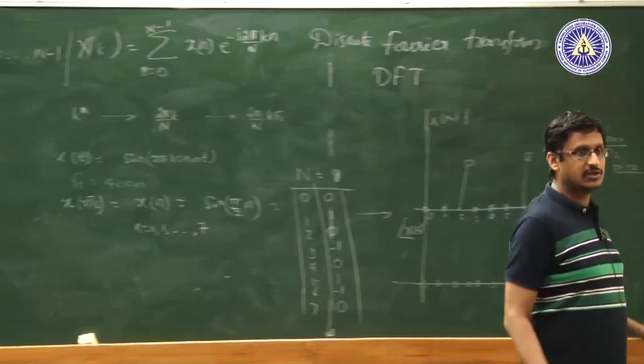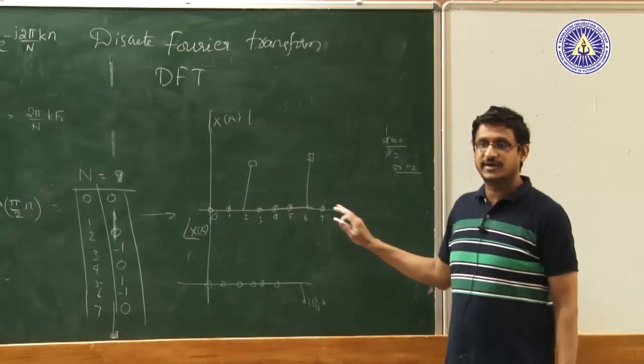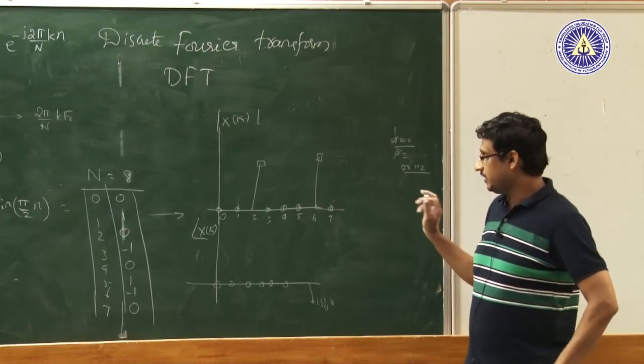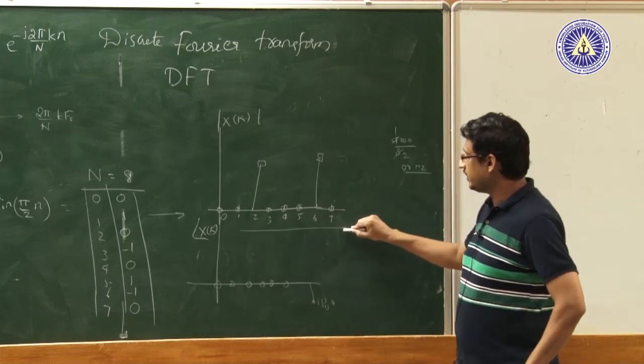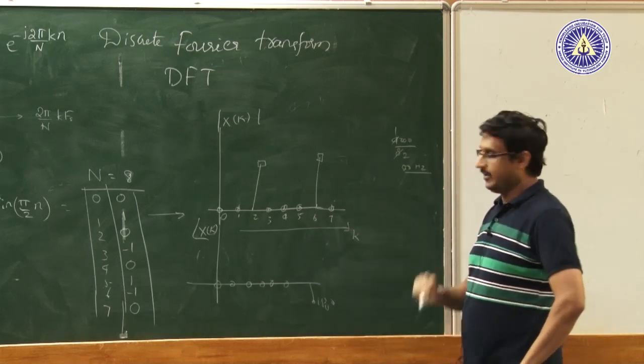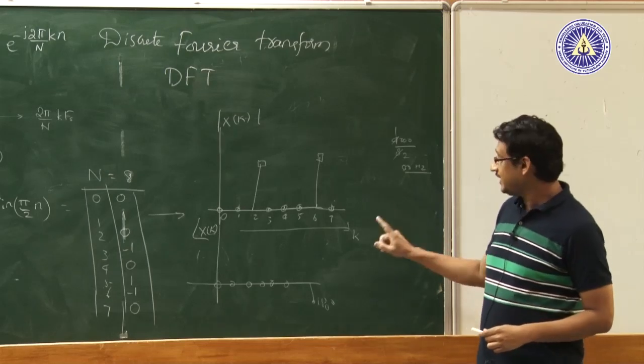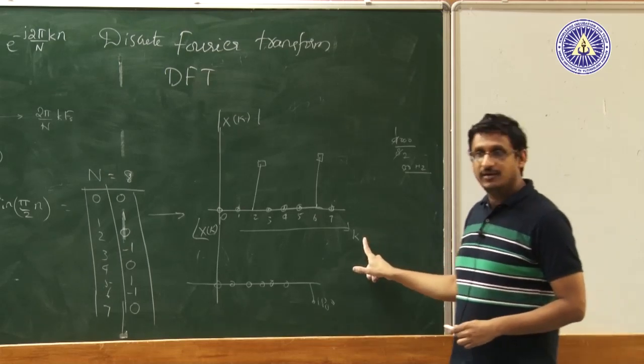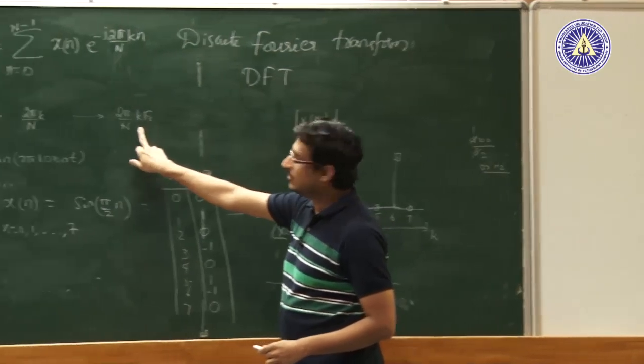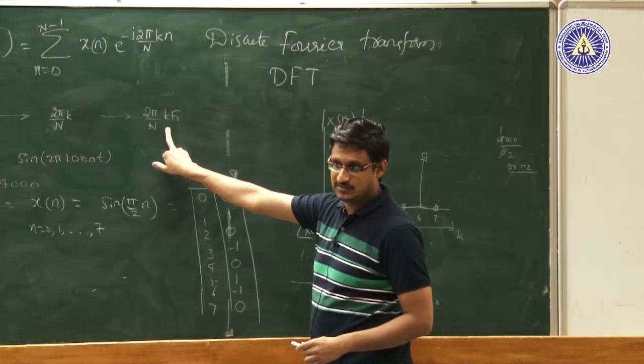Why do you think that the DFT shows up these kinds of plots? Remember, this axis that we have written is an axis for k equals 0, 1, 2, 3, 4, 5, 6, 7, but each value of k in turn corresponds to an analog frequency of 2 pi by N k Fs, right.